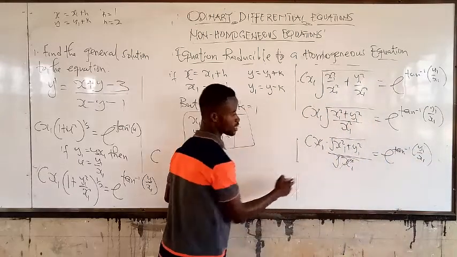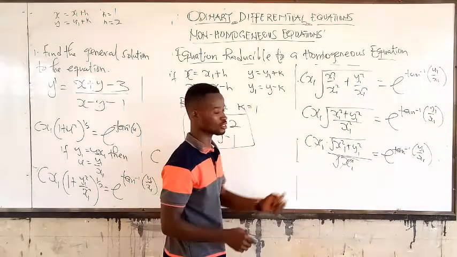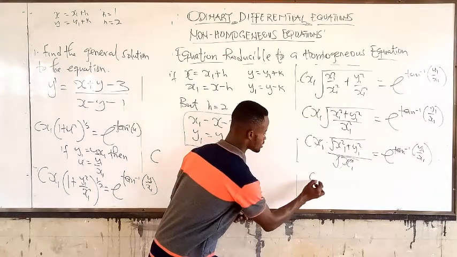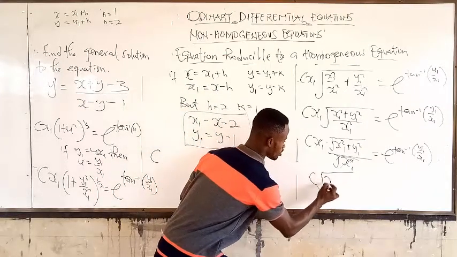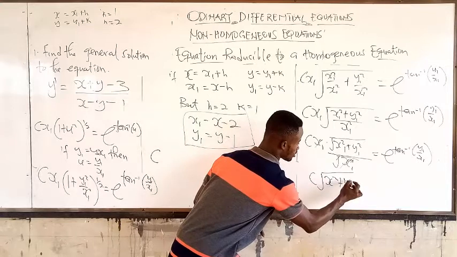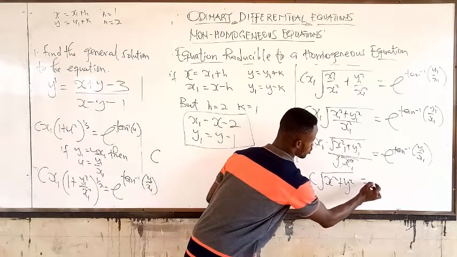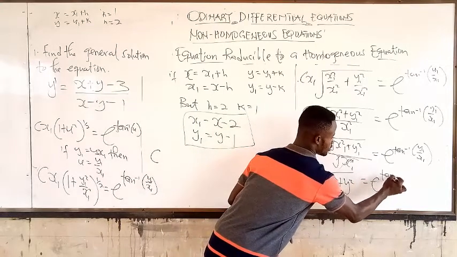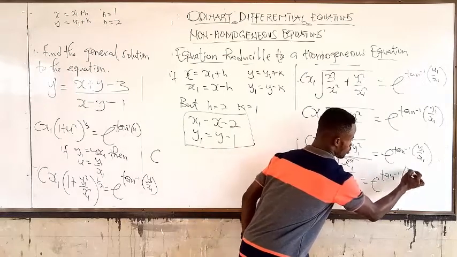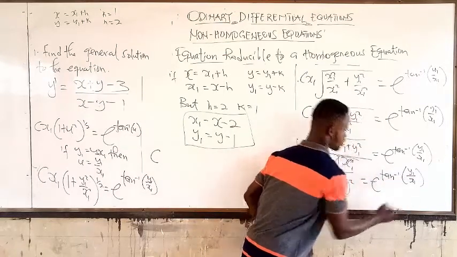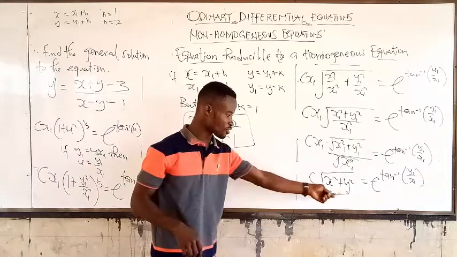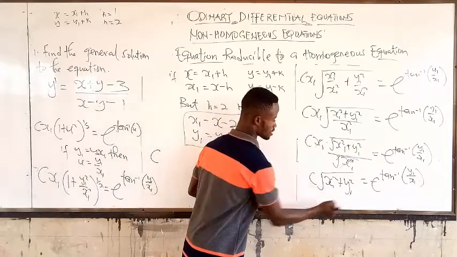So you can see there will be no denominator here. So we get c square root of x1 squared plus y1 squared is equal to e to the tan inverse of y1 over x1. So that is the simplest form of this.